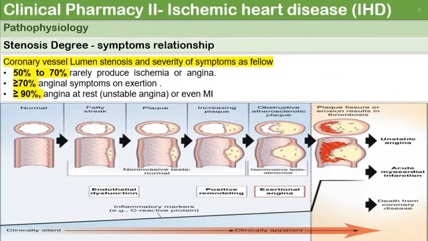Generally, angina pectoris symptoms may appear when the lumen patency is reduced by 50%, starting to appear but not significantly, mildly, when the lumen or patency of the vessel is reduced by 50 to 70%. Okay, only on severe exertion will these symptoms appear.